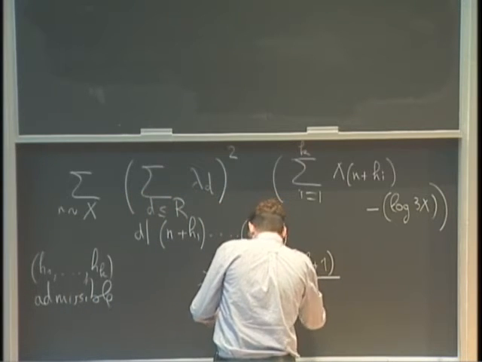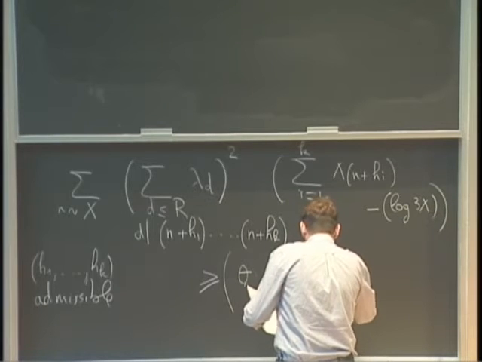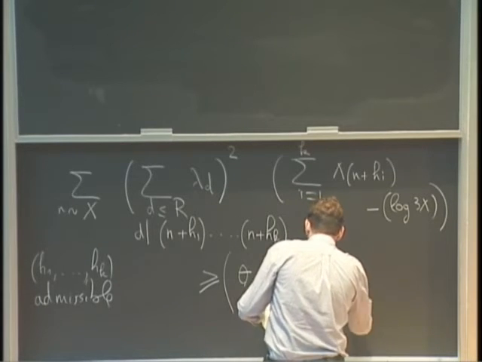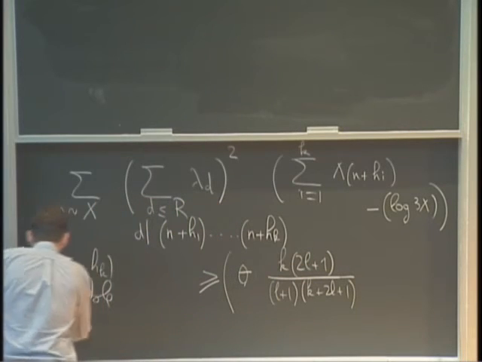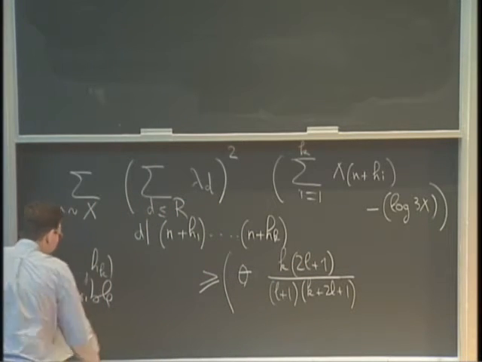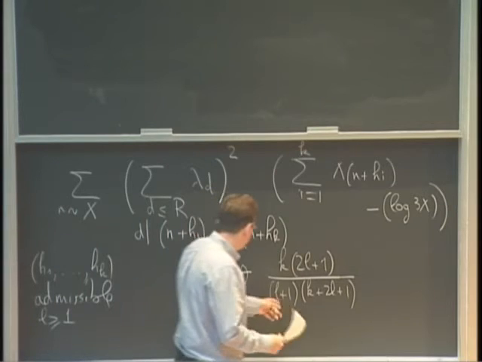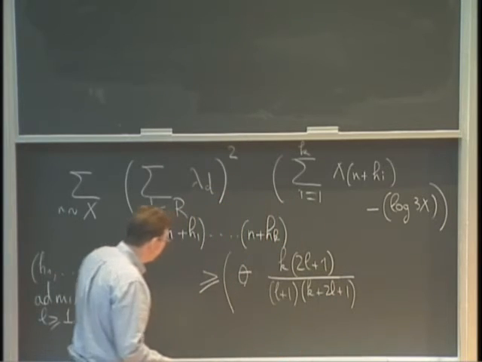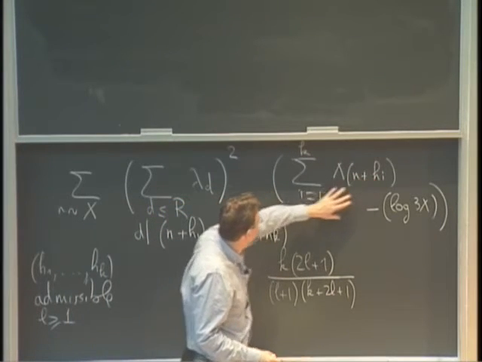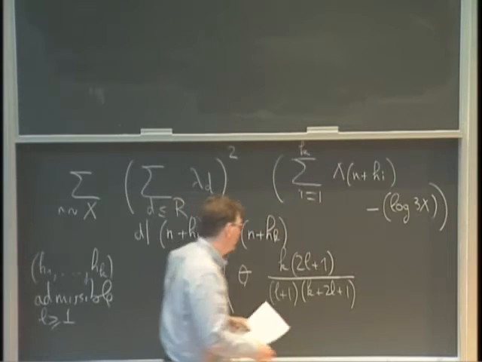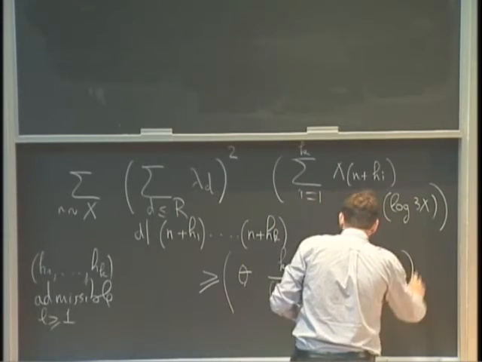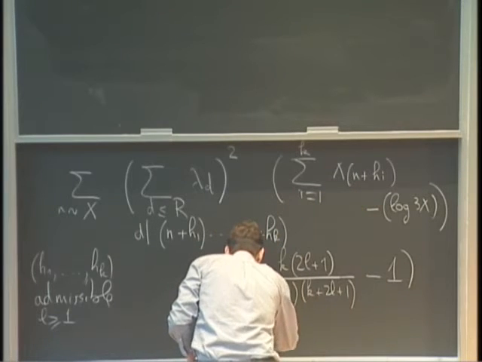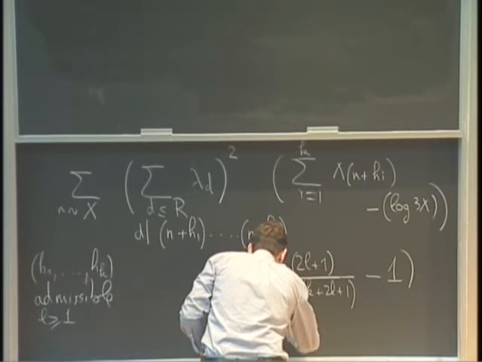And in the original version, you get precisely that: theta times k times 2L plus 1, where L is a parameter that's completely at your disposal, divided by L plus 1 times k plus 2L plus 1. This would be the thing that comes out of the analysis of the von Mangoldt functions. And from the second term, you would get minus 1. This would be times x log x, roughly speaking.